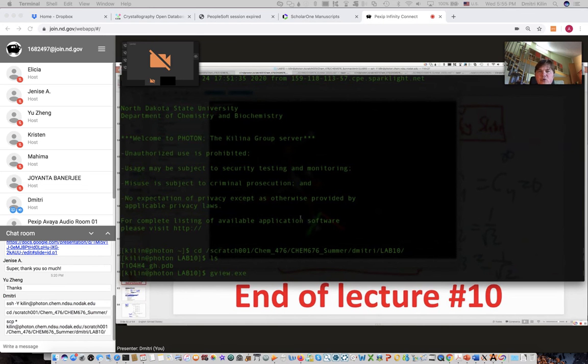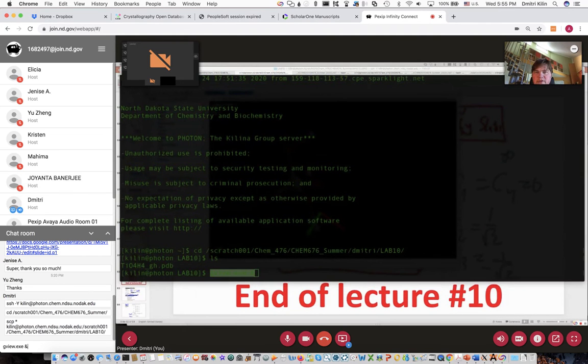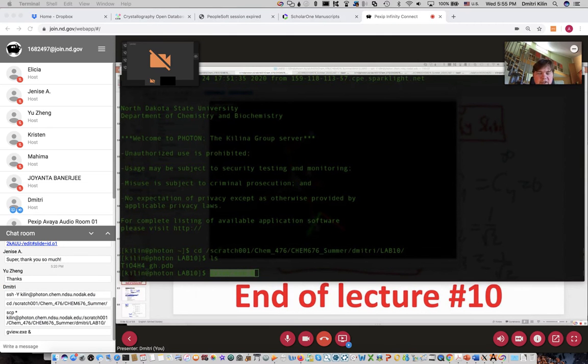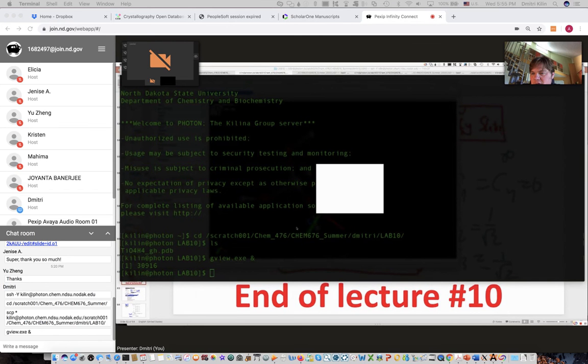I'm putting this ampersand, shift 7 symbol, after the name of the command. Without this symbol, it will block the command line from typing new commands. But with this symbol, I execute the graphical application and still keep the ability to type commands.